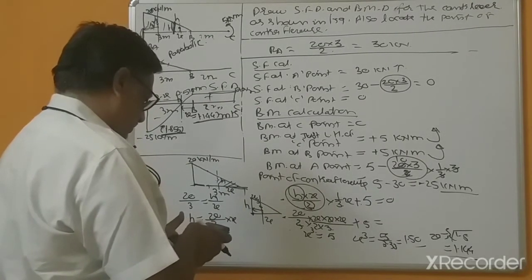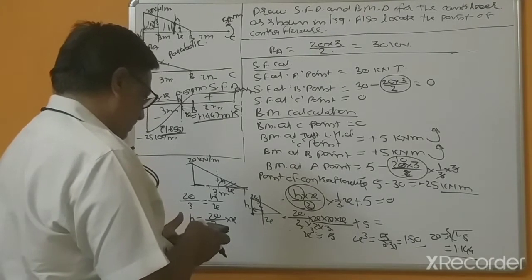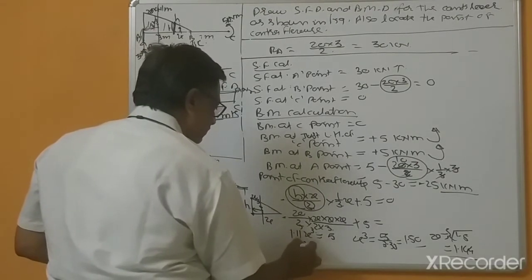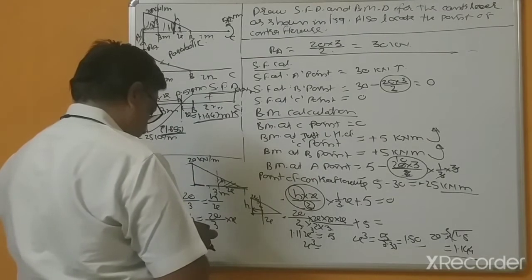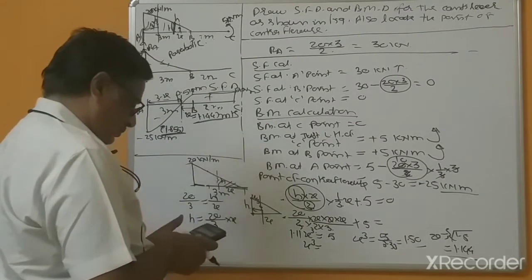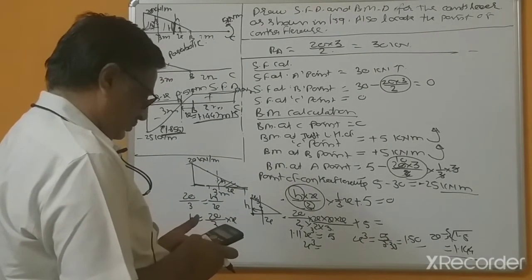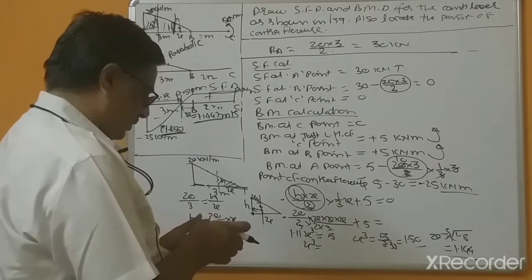Twenty divided by 3 divided by 2 divided by 3 is 1.11.